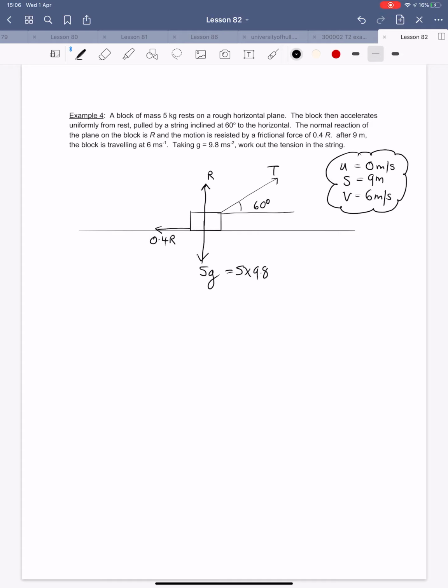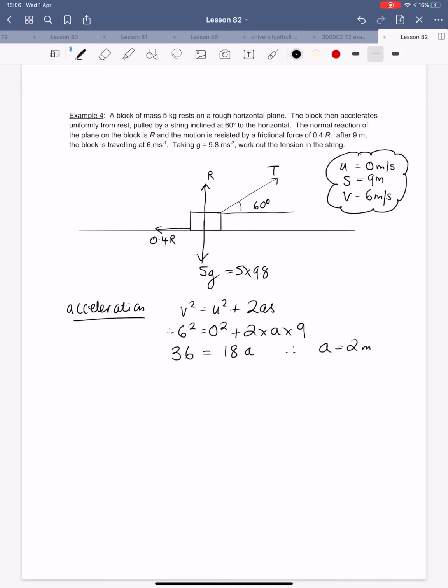Let's start with the acceleration. V squared equals U squared plus 2AS. So 6 squared is 0 squared plus 2 times A times 9. So 36 is 18A. So the acceleration is 2 metres per second squared.